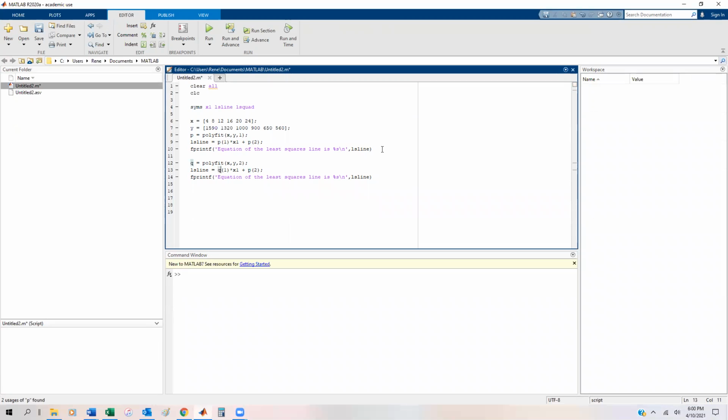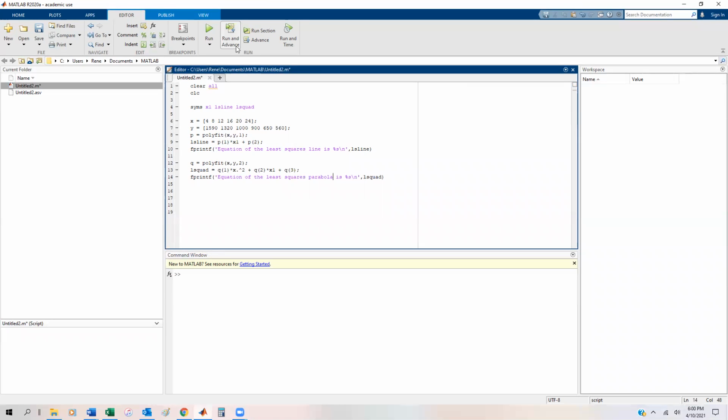And we're going to have Q1 times, and I have to change this, times X squared. All right, and Q2 and then Q3. So that should give us both of the equations for both the least squares line and the least squares quadratic. I'm going to call this LS quad as well. And let's just change this to LS quad. And this is the least squares parabola.